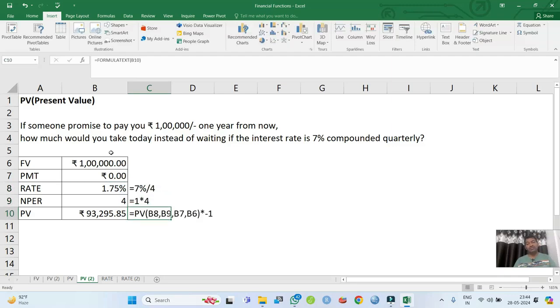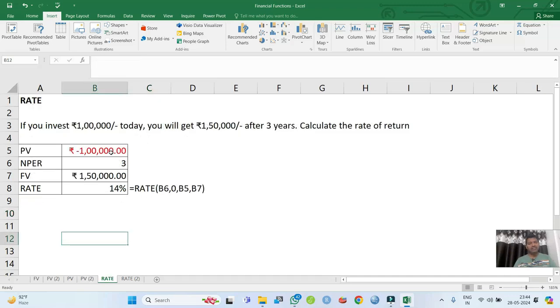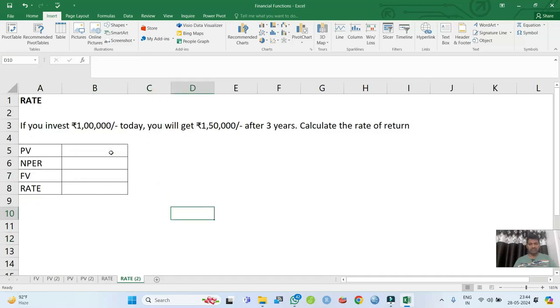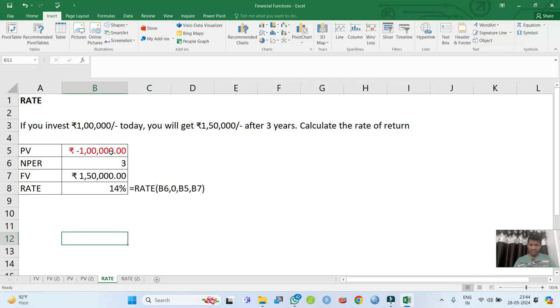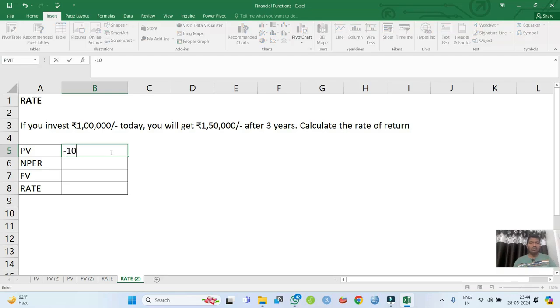Now we'll come to the first question: how to calculate the rate of return? 1 lakh is the present value. Again, because whatever we are paying is negative, in the same way you put minus 1 lakh.